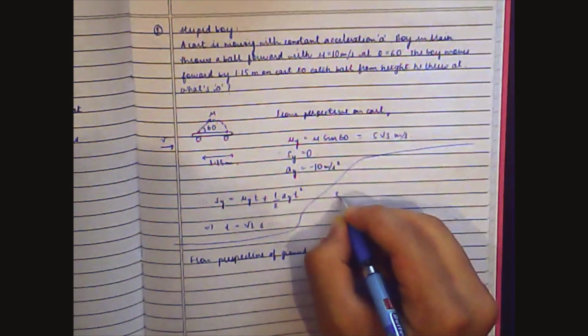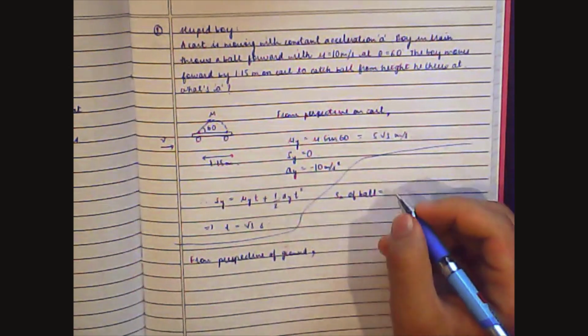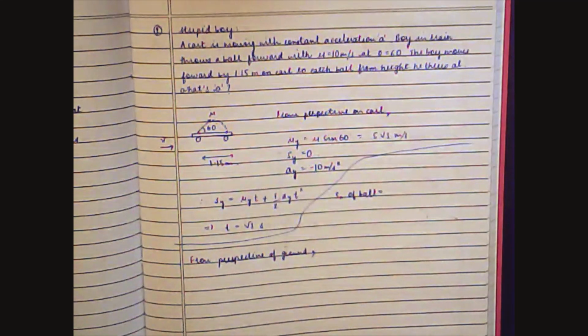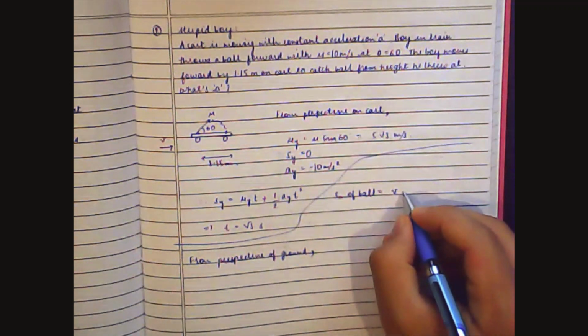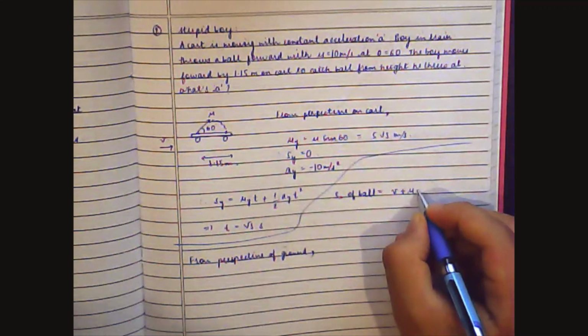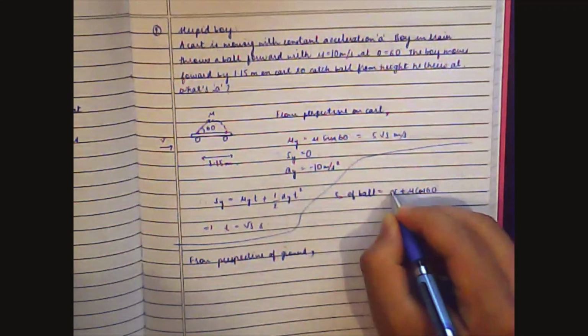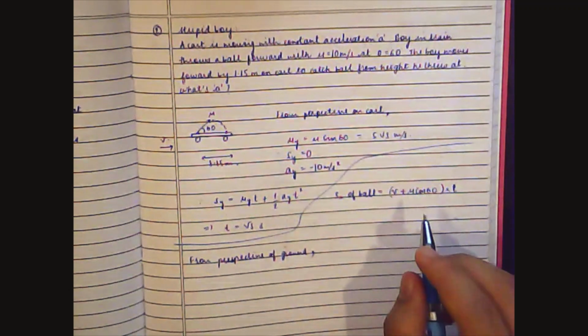So Sx of ball is basically equal to the time taken into the velocity in the x direction, right? Now velocity in x direction from the perspective of ground is basically v, which is velocity of cart, plus u cos 60, right, into the time taken for the boy to catch the ball, right?